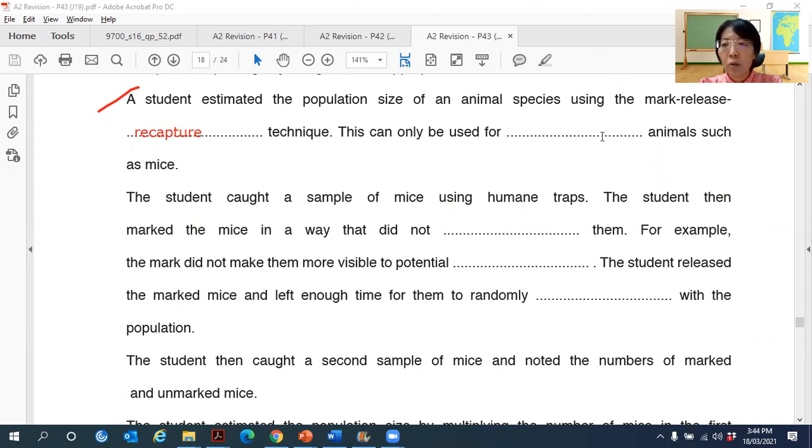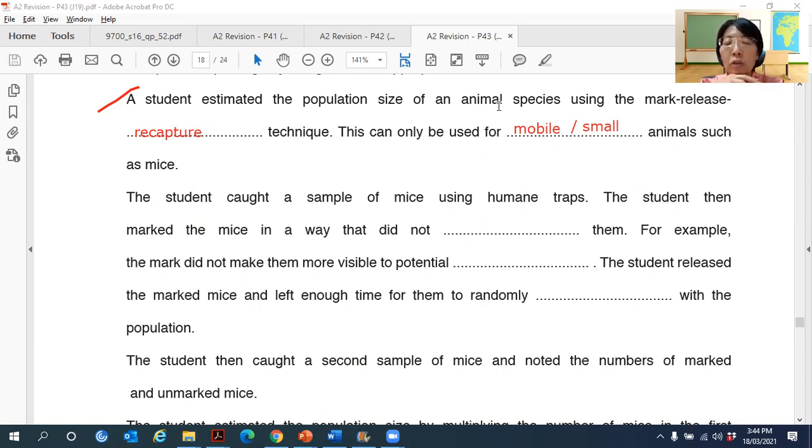What is the dash animals there? Highly mobile. Yes, very good. So highly mobile organisms. And in the mark scheme, they say small animals. So we can capture using this method.